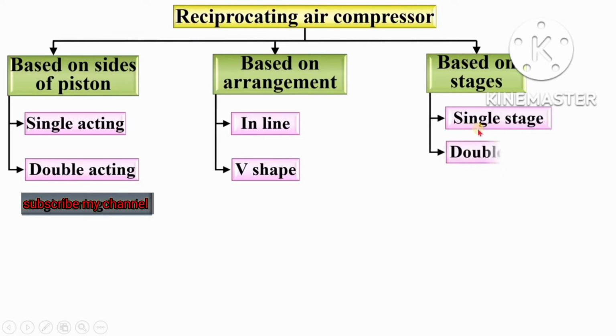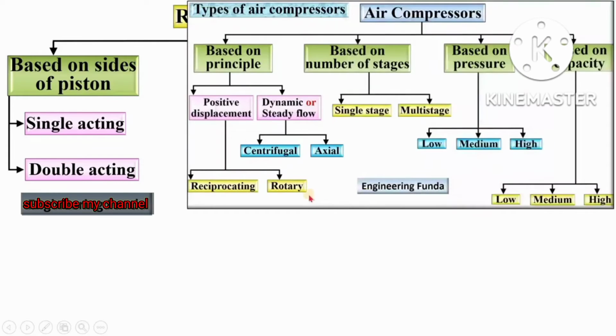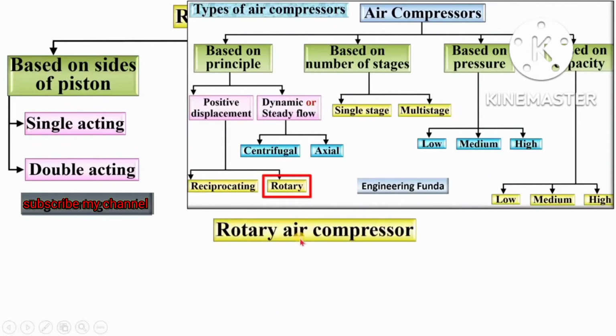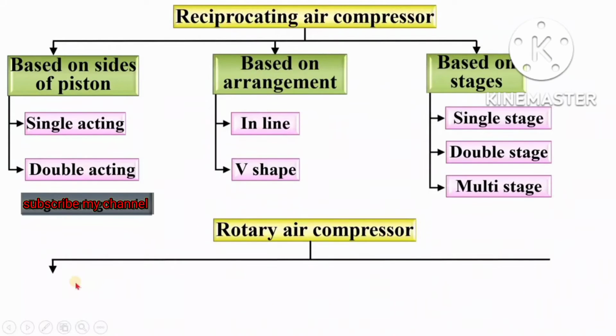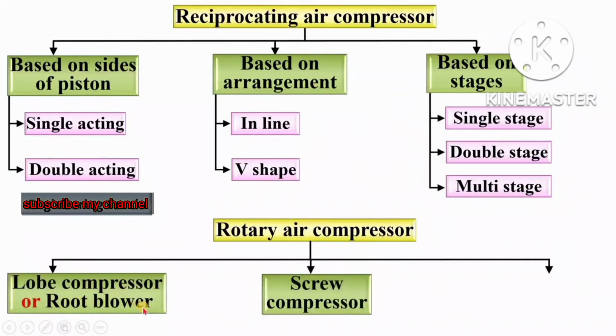And according to the stages, they are classified as single stage, double stage and multi-stage compressor. Now once again, rotary compressors are also classified as lobe compressor or root blower, screw compressor and vane compressor.